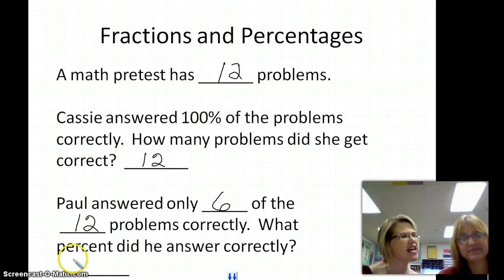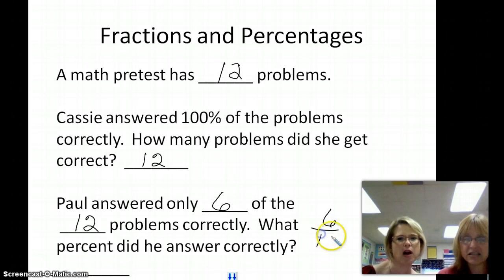What percent did he answer correctly? Well, if I look at 6/12, he got 6 out of the 12 correctly. There's going to be a group of 6, and then there's another group of 6. So there's 2 groups. Here would be 6, and here would be 6.